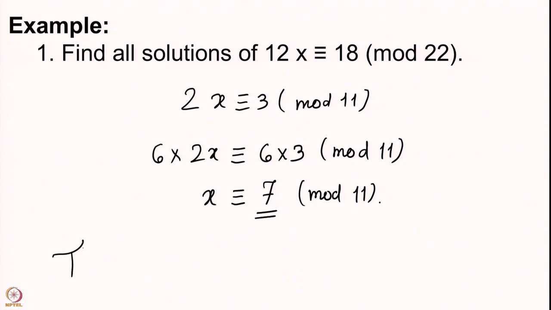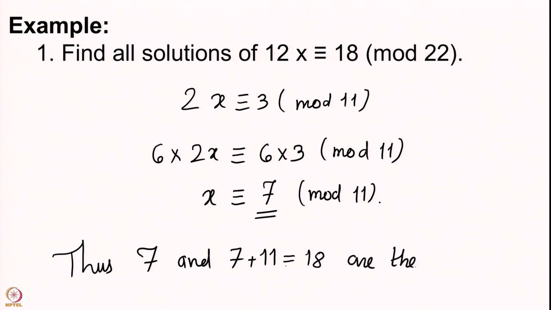So, thus 7, and remember we have to add 7 plus 11, which is 22 upon 2, are these solutions modulo 22. So, we have obtained a solution by applying all the steps we have learnt.